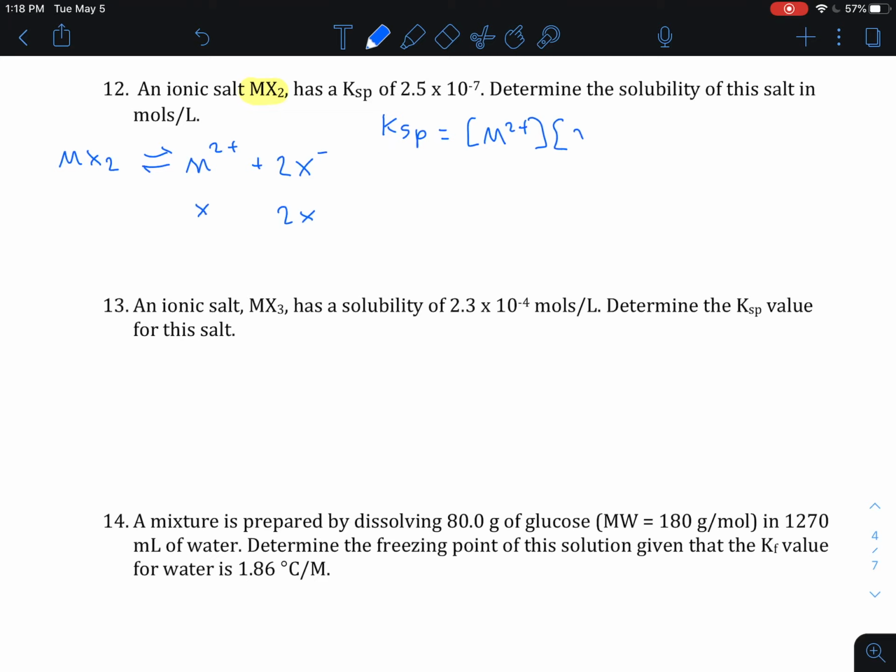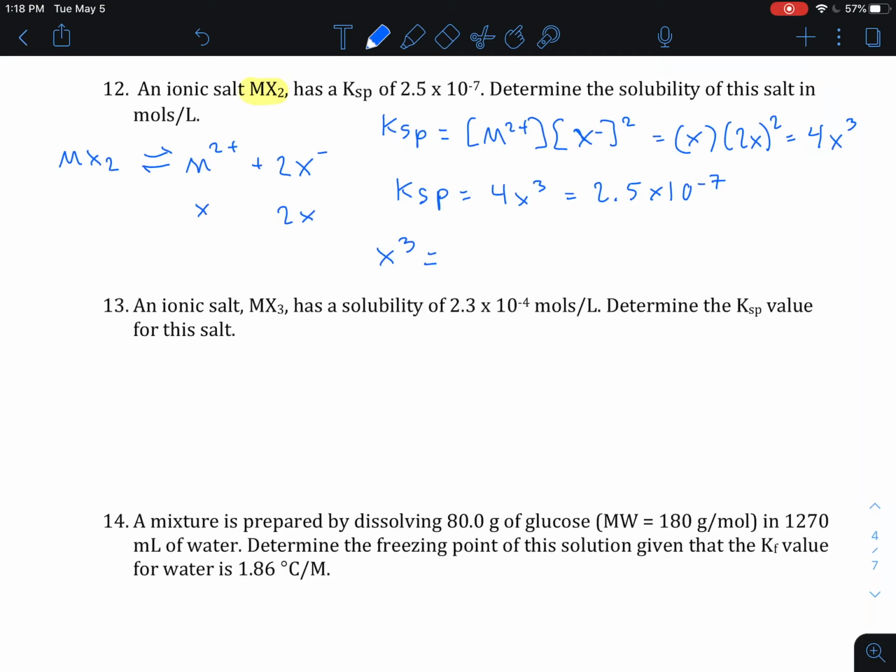And so when we think about the Ksp, it'll be the molarity of M2+ times the molarity of X minus squared. So that becomes x times 2x quantity squared, which makes 4x cubed. And it's asking for the solubility in moles per liter. That's what x is.